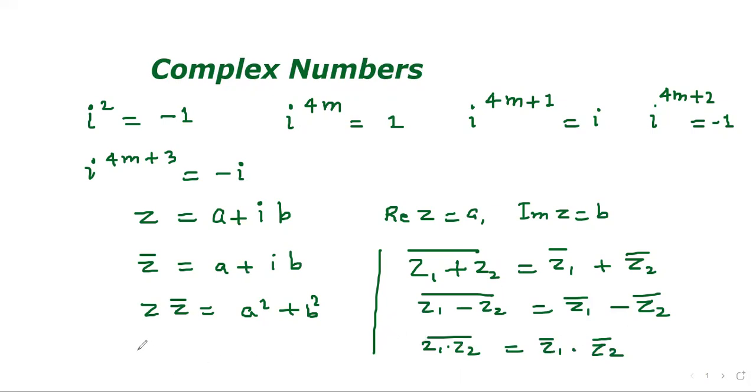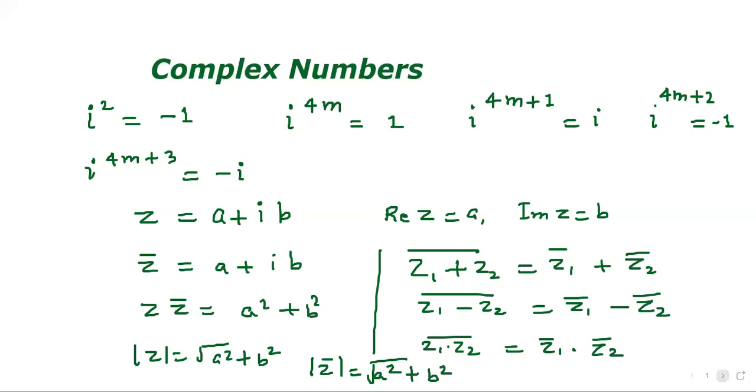And modulus z will be root of a square plus b square, and also modulus z bar will be the same, a square plus b square under root.